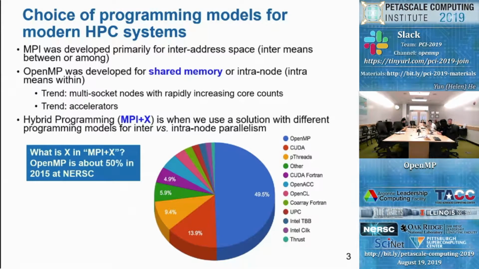And also there are accelerators. So for threading, for vectorization, and for working with accelerators, OpenMP works great. We did a survey for MPI plus X in 2015, and more than 50% of our NERSC users said the extra X is OpenMP. Next slide, please.